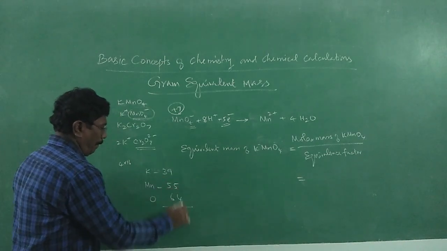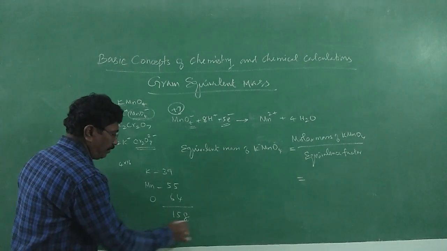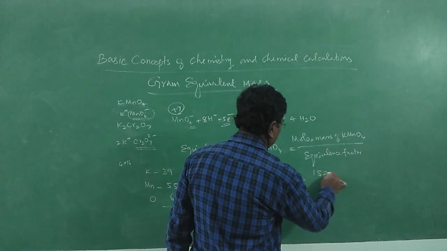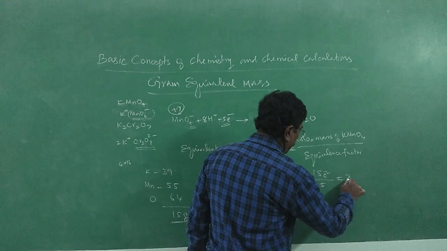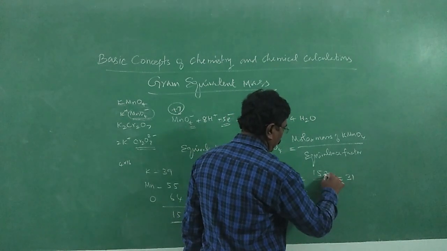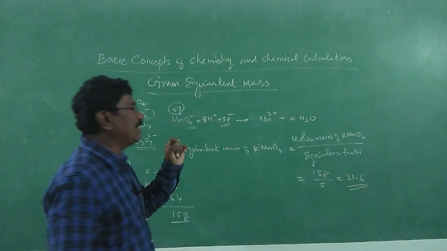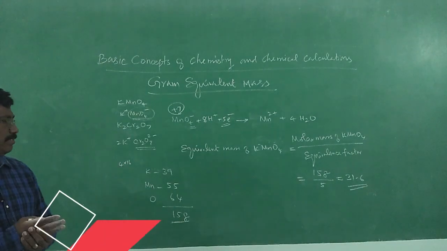Total 158. 158 divided by 5 comes to 31.6. So 31.6 is the equivalent mass of potassium permanganate.